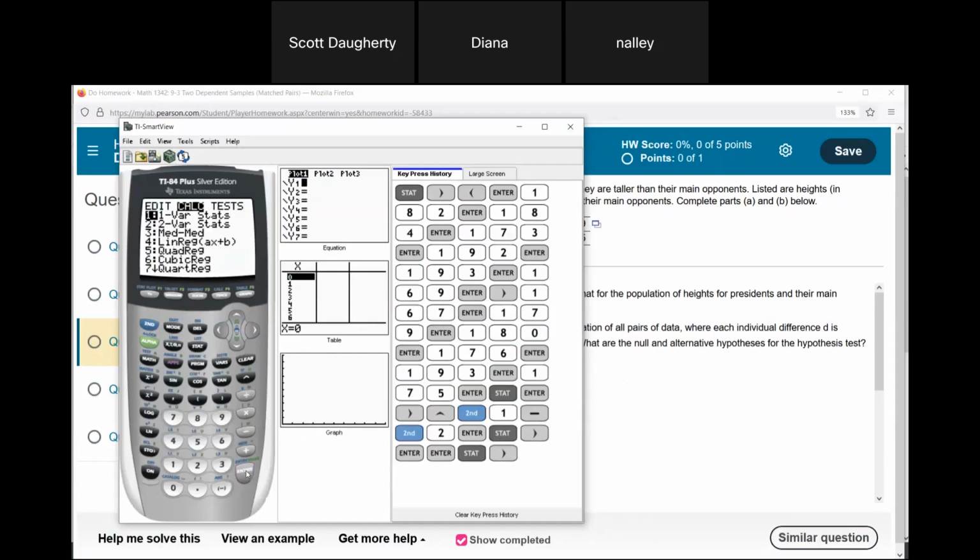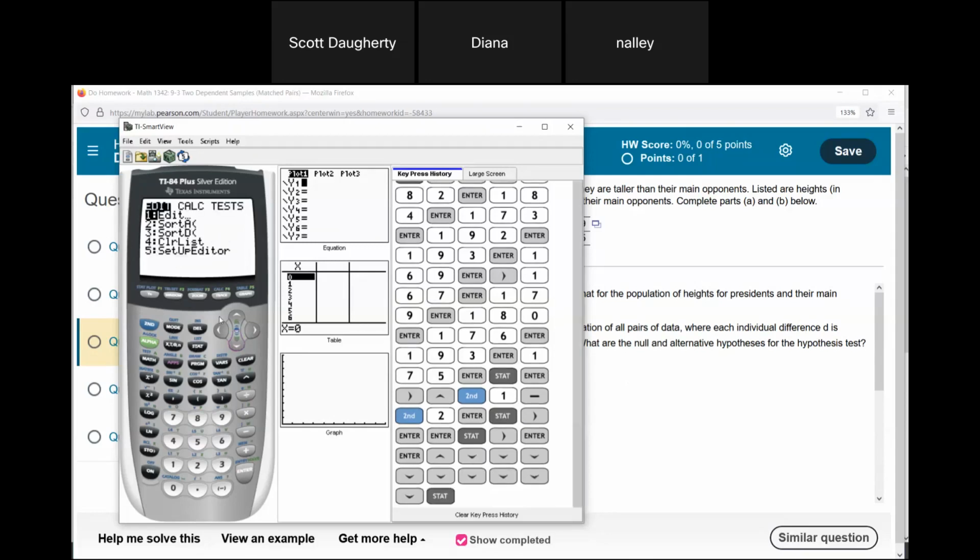So why is it not asking? Newer calculators should ask this. Mine's not doing that for some reason. When you go to one variable statistics, it should ask you which column you're going to use.